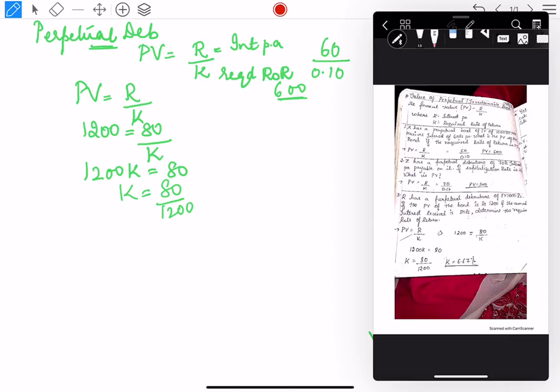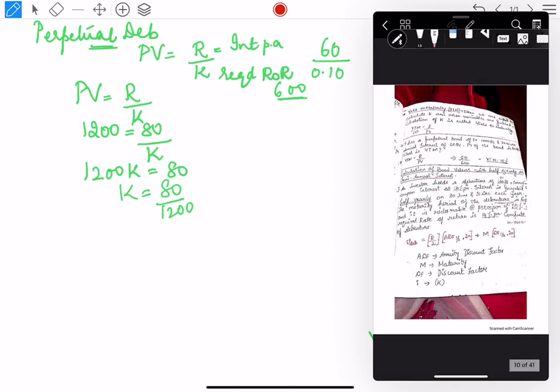Now when the present value is given to us, and when we are given R and we have to find out the required rate of return, then the calculation of K, instead of using the word K here, we can also call this yield to maturity. What do we refer to it as?